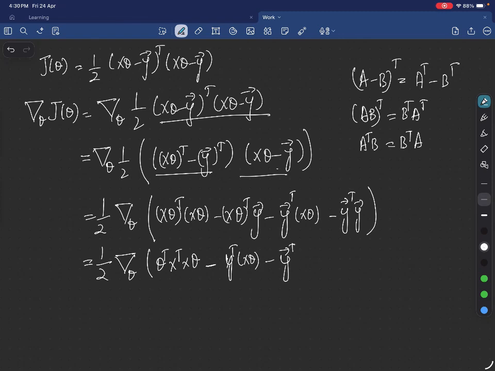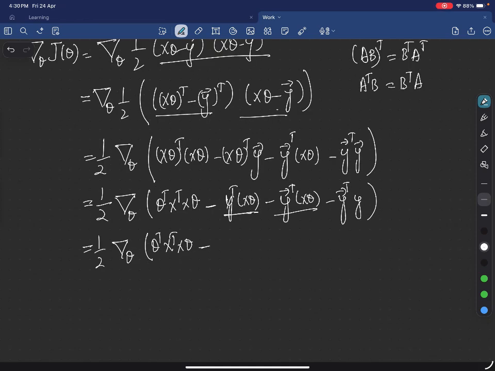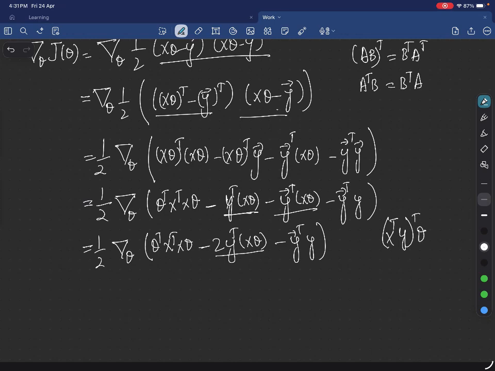These two terms are similar, so this becomes twice y transpose X theta minus y transpose y. You can write this term as (X transpose y) whole transpose theta, because this will become y transpose X theta if we apply this rule here, (AB) whole transpose equals B transpose A transpose.